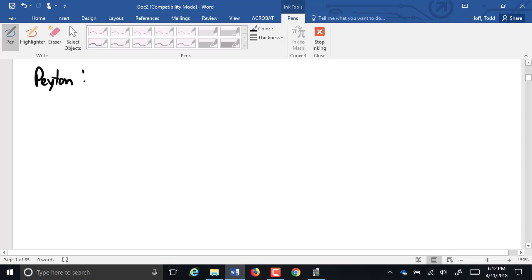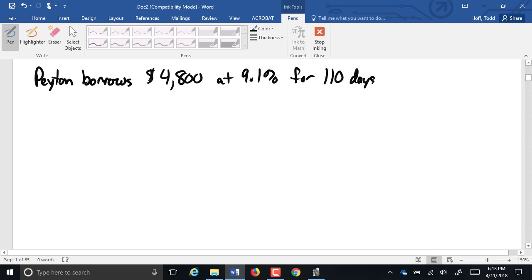So Peyton borrows $4,800 at 9.1% for 110 days on a simple discount note.